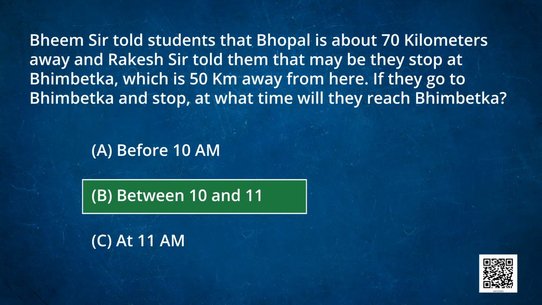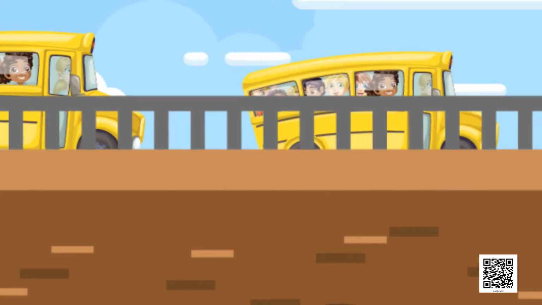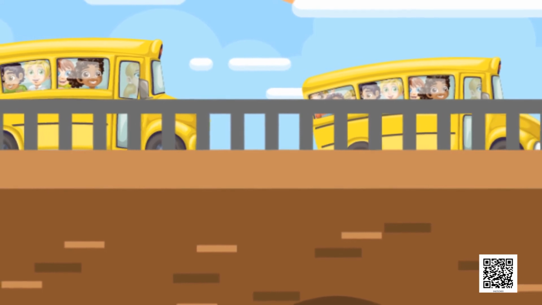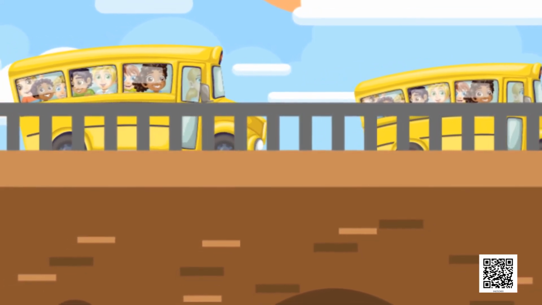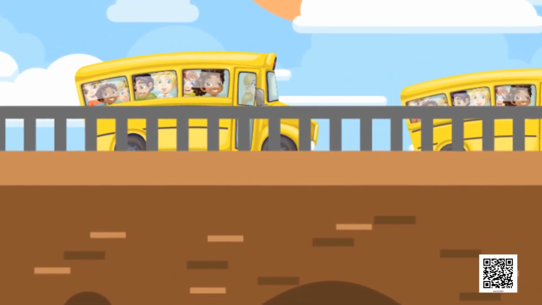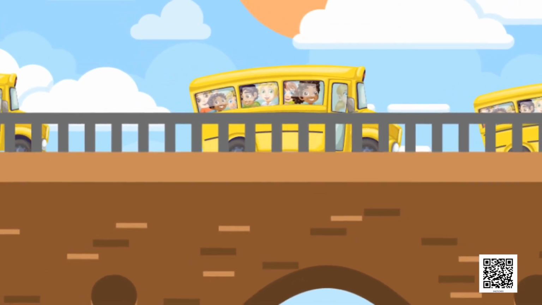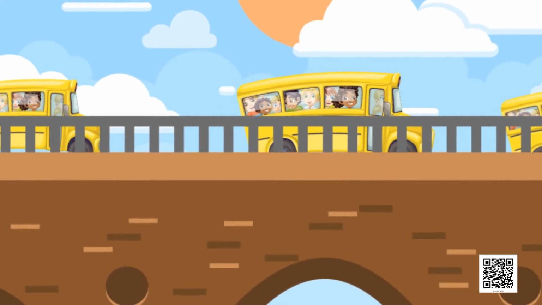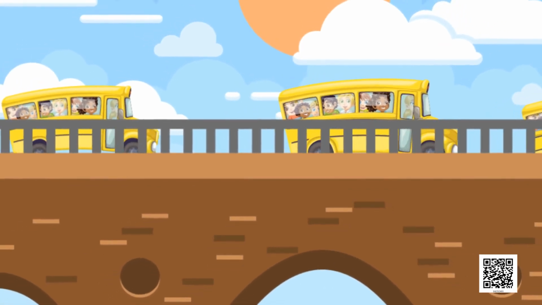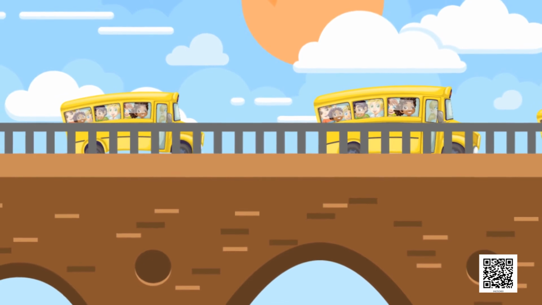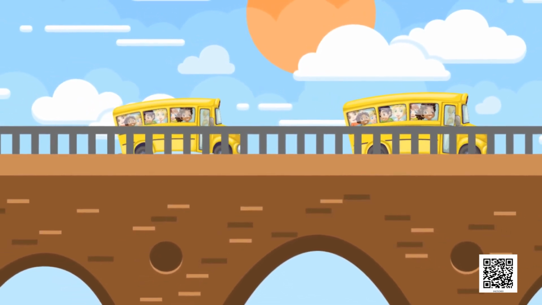Now, students proceeded on their trip. They were singing, they were dancing, some of them were looking outside the windows. I hope you also enjoy a lot when you go on trips with your friends.